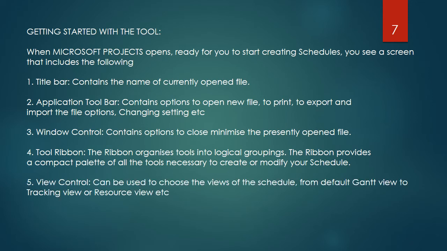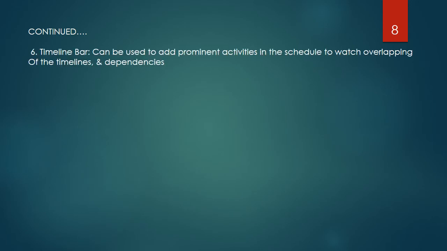View control can be used to choose the views of the schedule, from default Gantt view to tracking view or resource view for that matter. Timeline bar can be used to add prominent activities in the schedule to watch overlapping of the timelines, and to watch dependencies also.